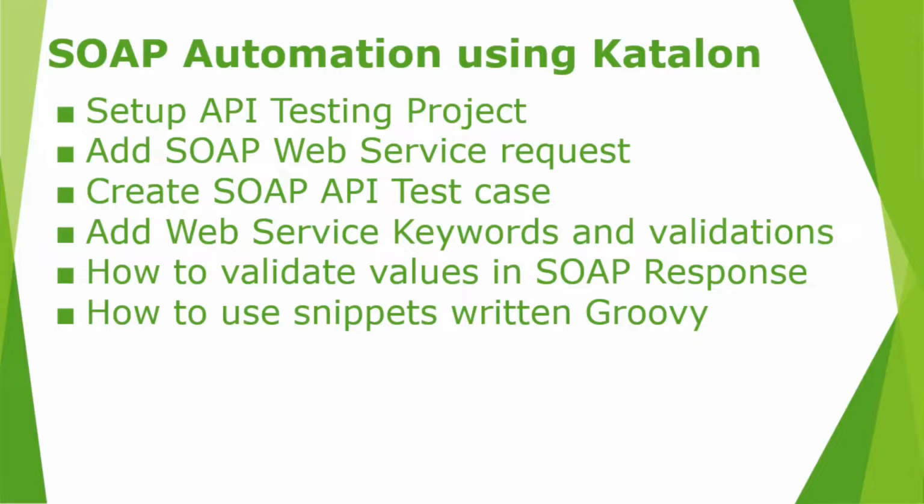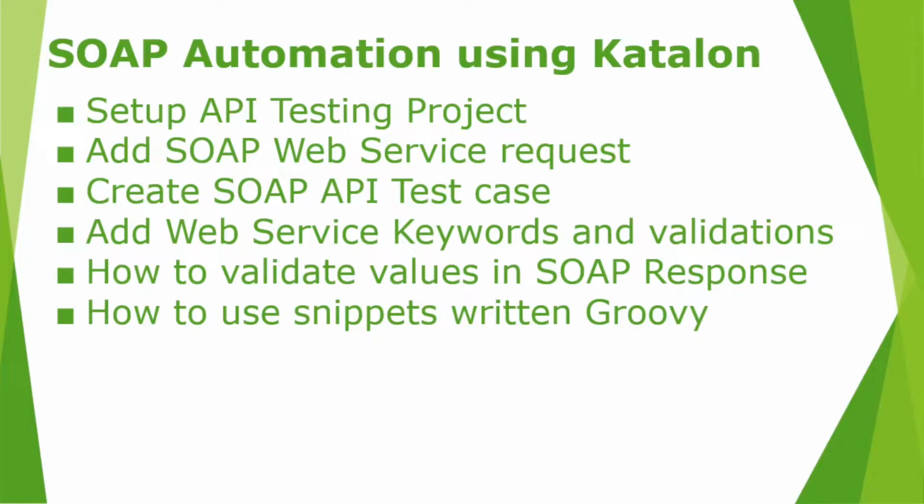In this session, I'm going to teach you how you can set up an API testing project in general, and then how you can add SOAP web service requests, and how to create a SOAP API test case by using the SOAP web service request that you added in the previous step.